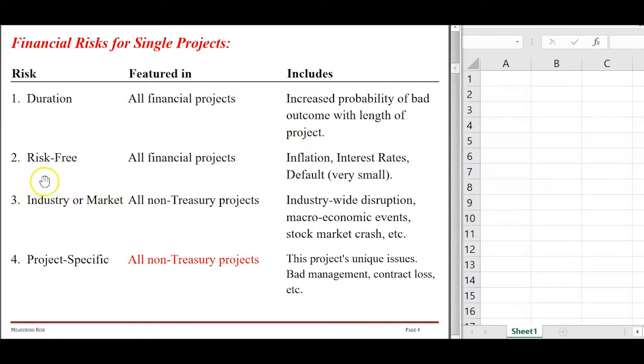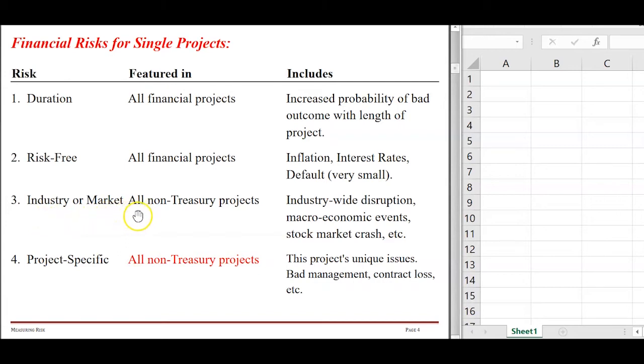Second up is our risk-free risk, which we looked at in the last chapter. That's going to be included with all financial projects, and that we typically can measure in one way or another with treasuries, and it's getting at inflation, interest rates, and default risk, as we looked at in the last chapter. And our third risk is industry or market risk.